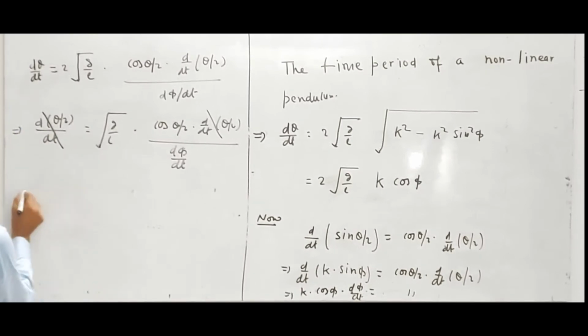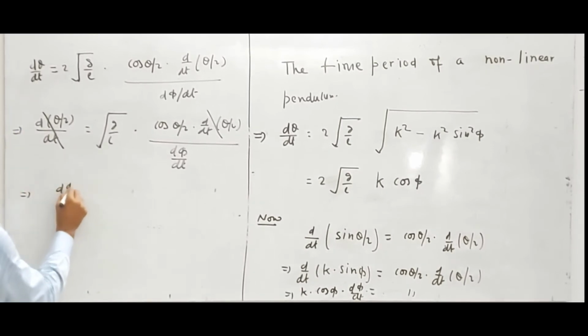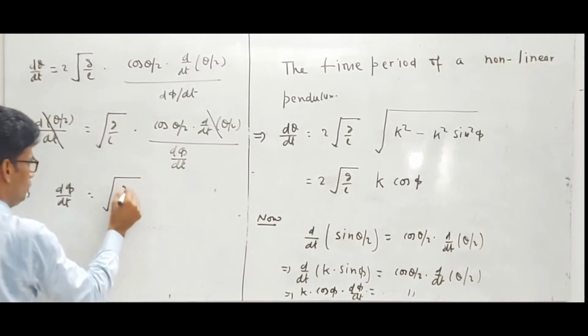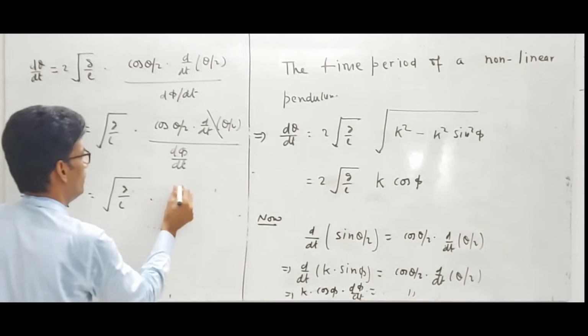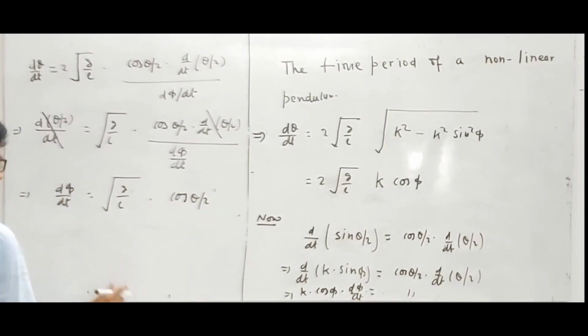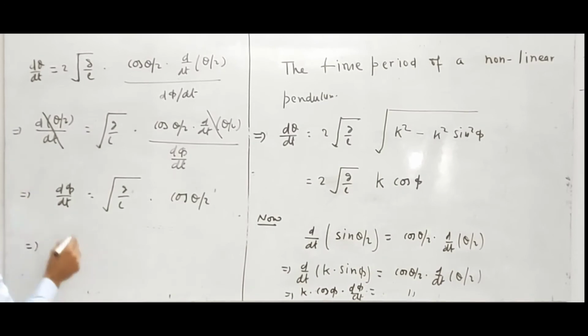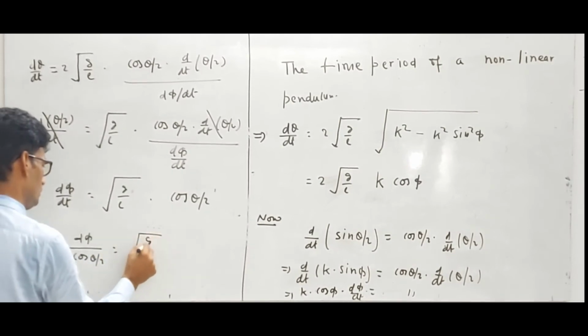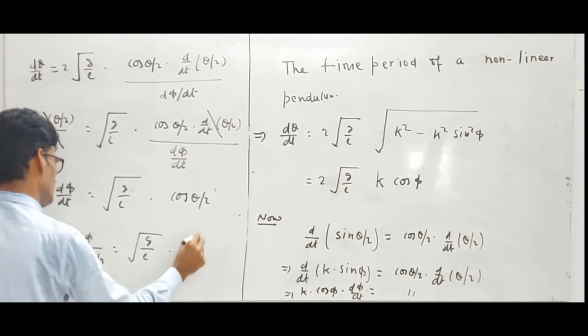So now this implies d phi by dt is equal to under root g over L cos theta by 2. Now this implies d phi over cos theta by 2 is equal to under root g by L into dt.